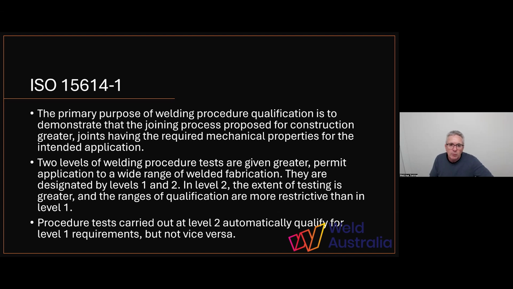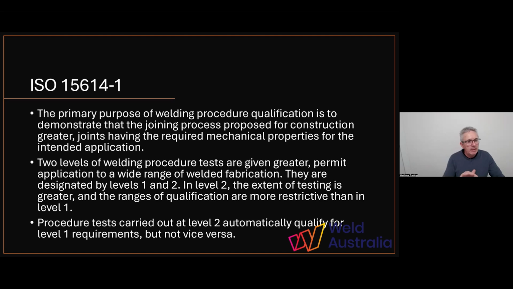Two levels of welding procedure tests are given, permitting application to a wide range of welded fabrication. They are designated by levels 1 and 2. In level 2, the extended testing is greater and the range of qualification is more restrictive than level 1.